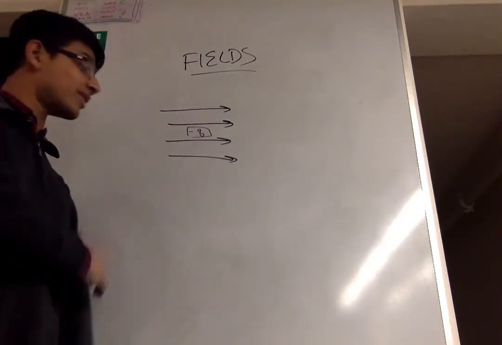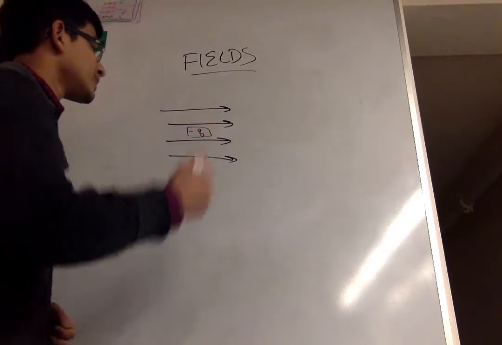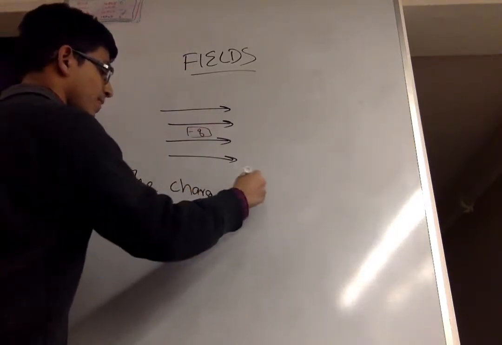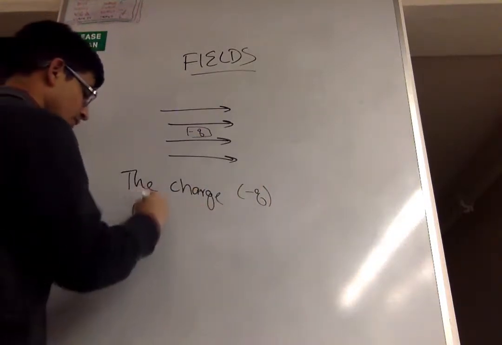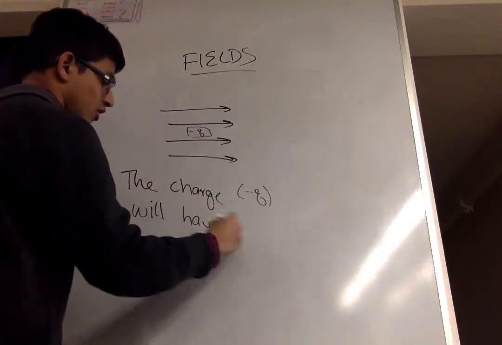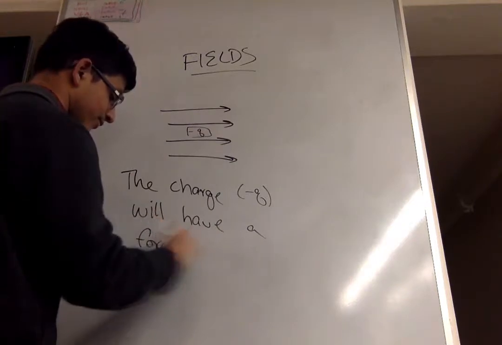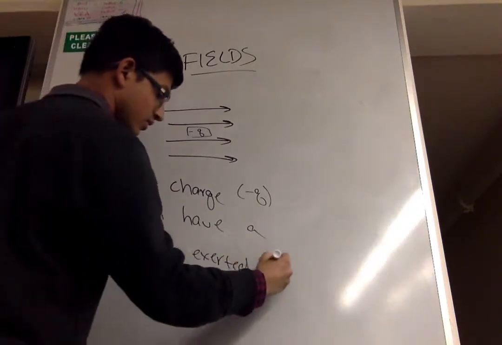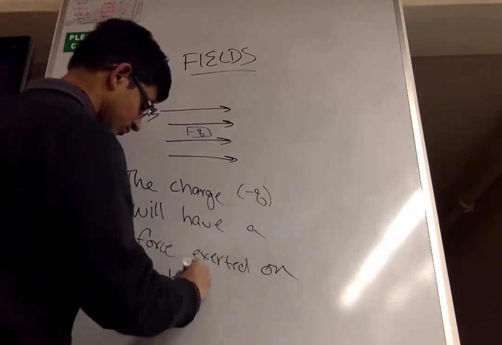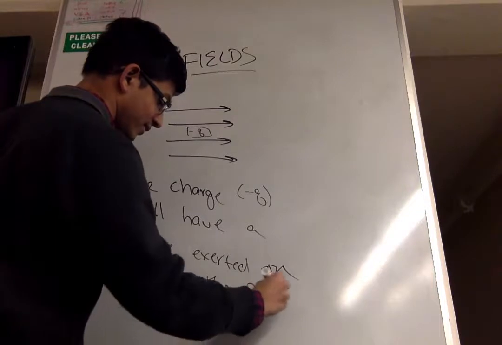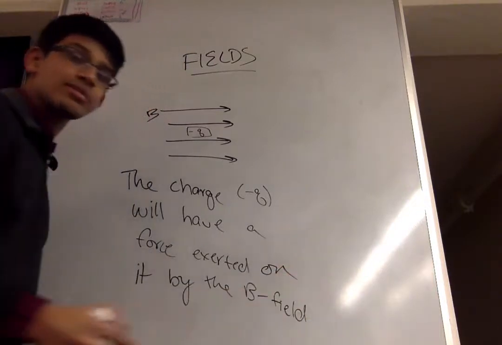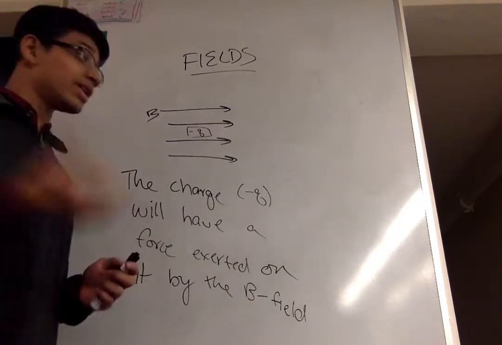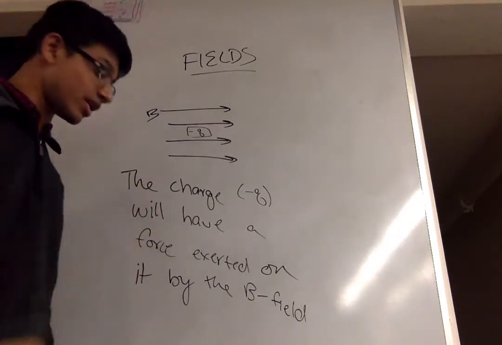But from this diagram right here, you should take away that this charge, the charge negative Q, will have a force exerted on it by the B field. And that's the definition of the B field, or any force field for that fact. It's a field where if you were to place, in this case, a charged particle, a force would be exerted on that charged particle.